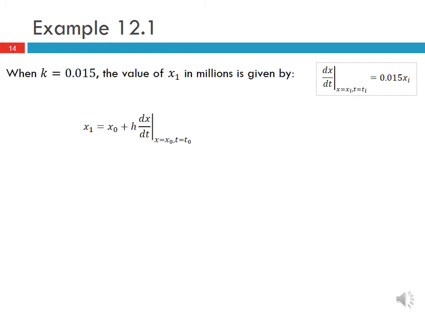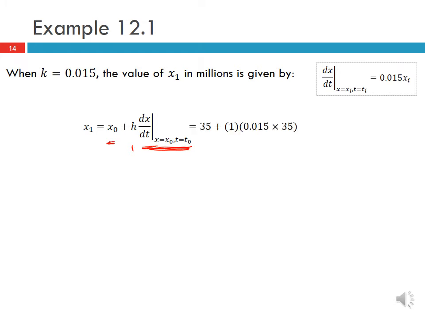So when k is equal to 0.015, the value of x1 in millions is given by using the Euler method. x1 is equal to x0 plus h times dx by dt evaluated at x0 and t0. So we take the value that we know plus the rate evaluated at the value that we know multiplied by this step size h to give us the estimate at the next time.